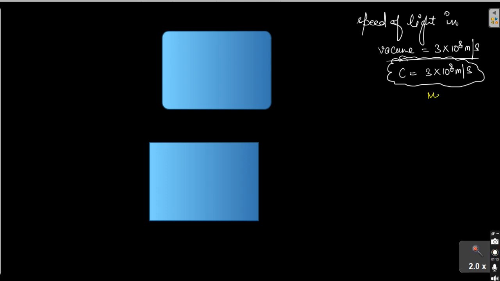If we encounter any medium, suppose this is the first medium and this is the second medium. These two are different mediums, and we don't know which is which. The light ray which is coming from vacuum enters this particular medium.